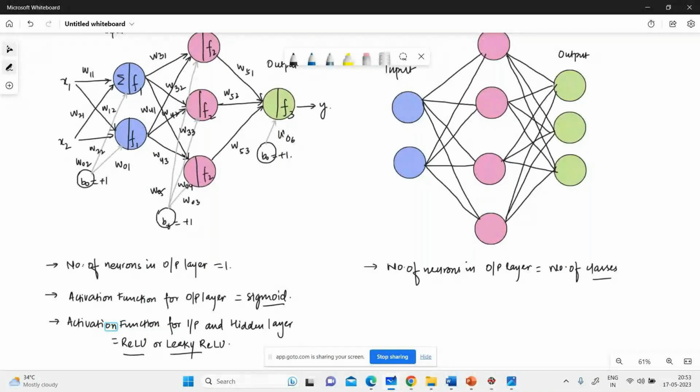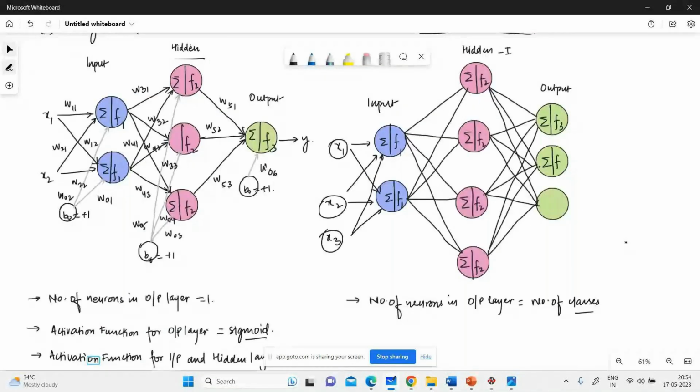This is your summation again. I have not written x1 and x2 here, but remember that they are there. x1 will be sent to both, and similarly x2 will be sent to both. If there is x3, x3 will also be sent to all, where x1, x2, and x3 are your input features. My output is given by y. So the number of neurons in the output layer will be equal to the number of classes.